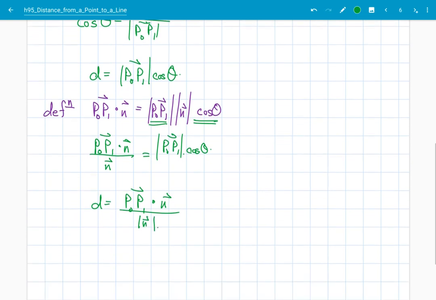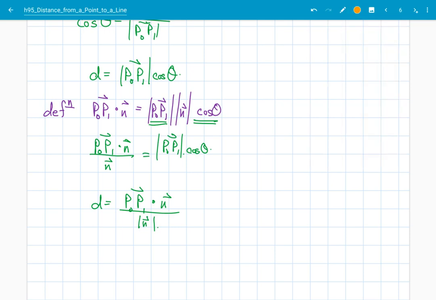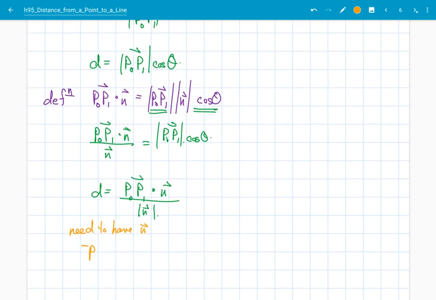Okay, and you go, okay, great. Well, there's a formula. So it's dot product if you have the normal, P naught to P1 dotted with the normal. So when can you use this? Well, you need to have the point, obviously, otherwise you can't even start. It isn't even a question. But you need to have the normal. So what situations do you have the normal? Well, obviously a plane in 3 space.